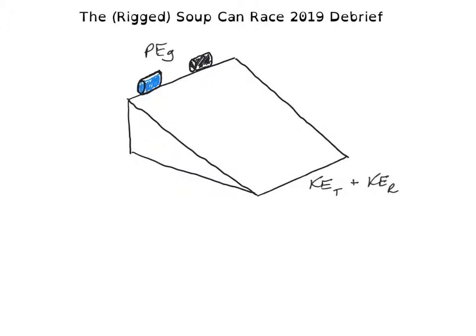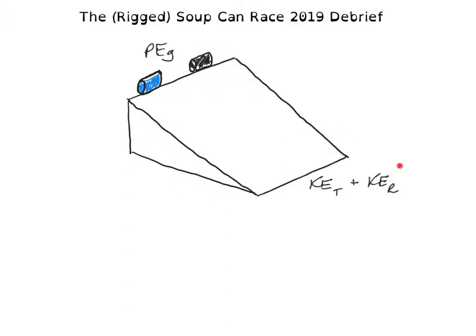And to go a little deeper, again, if this can were invisible, what would we see? Well, this water wants to remain in the position that it's already in because of its inertia. So it just wants to linearly move down this ramp without changing its shape or form. However, because this solid cylinder, or in our case, the cream of chicken, is more viscous, its mass is going to rotate with the can itself.